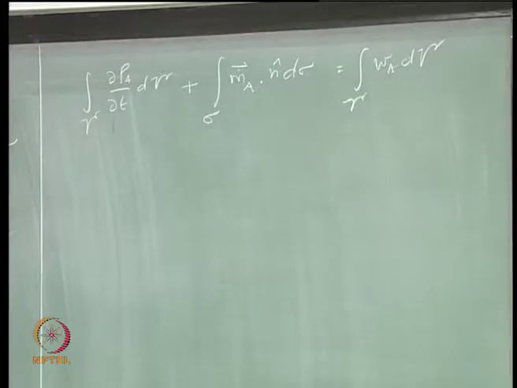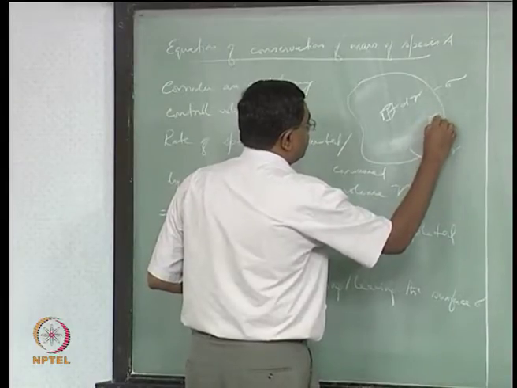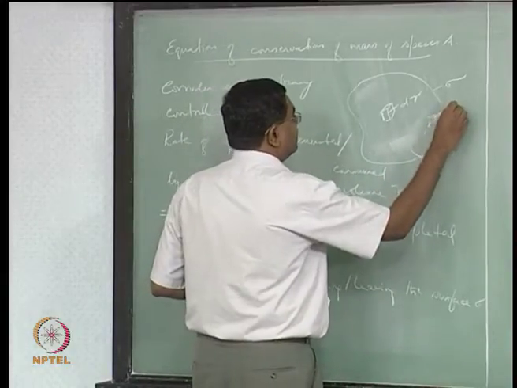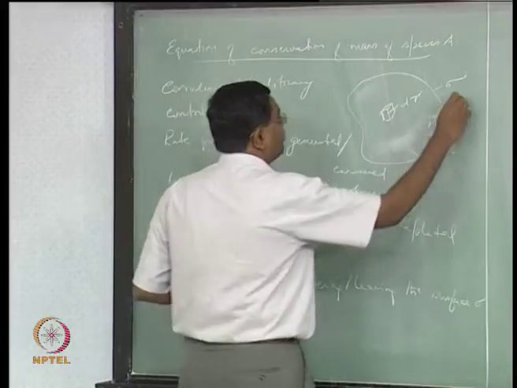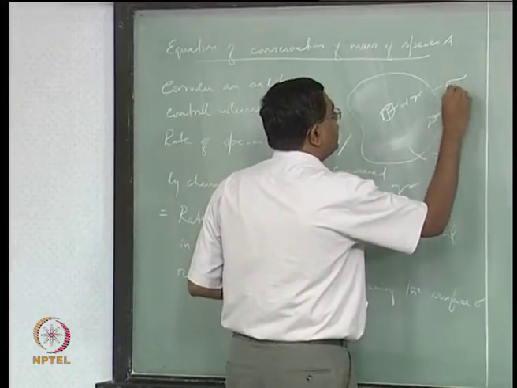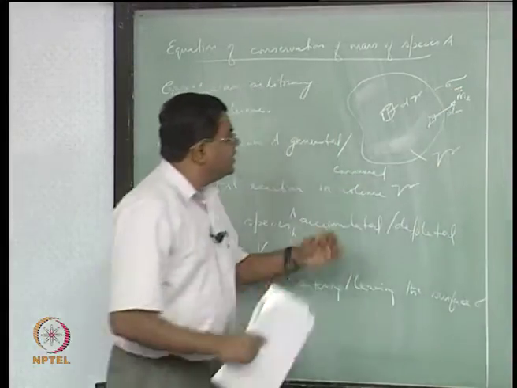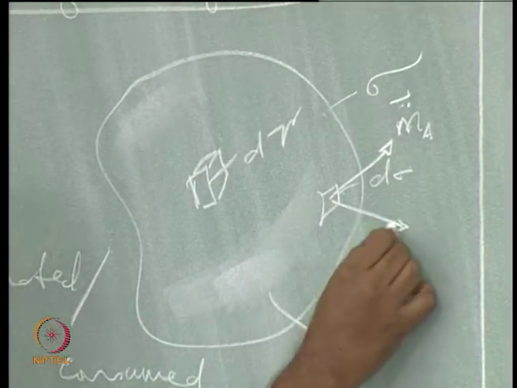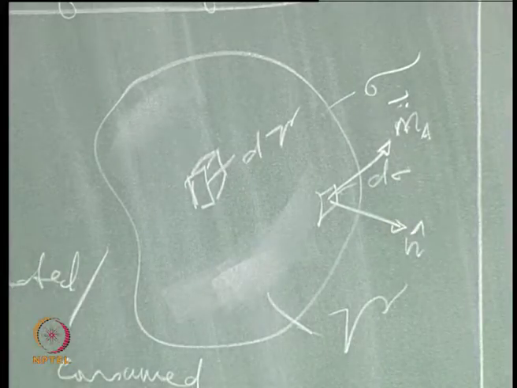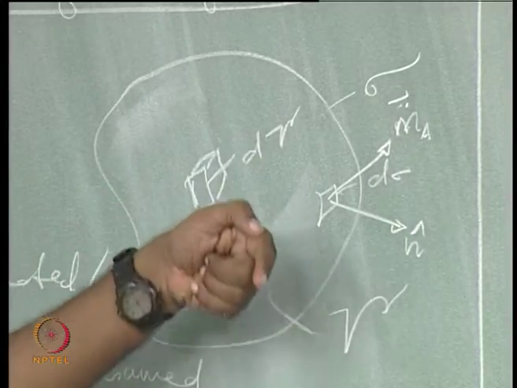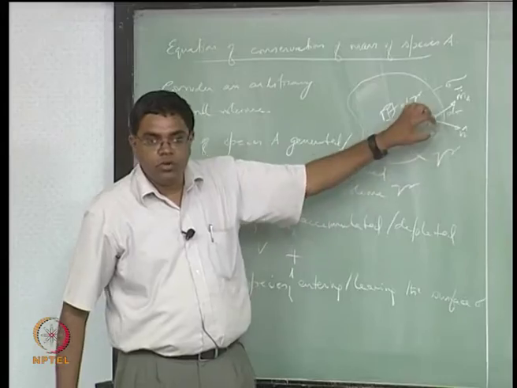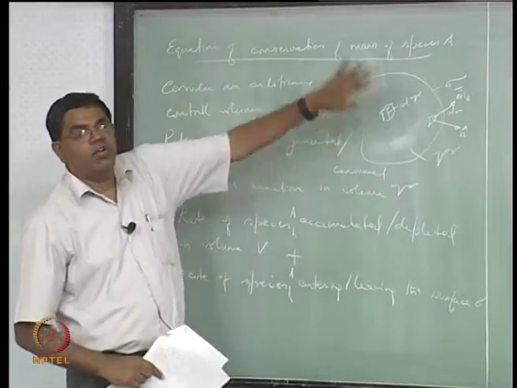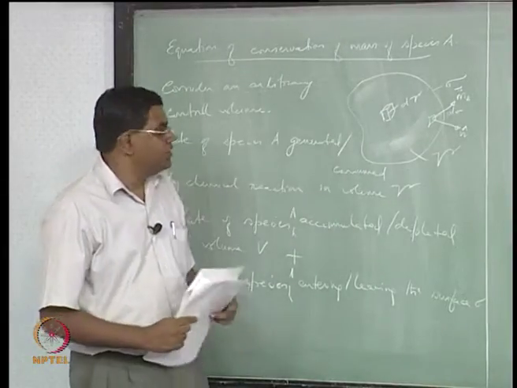If you were to look at a little window on the surface as a dσ, this has a vector mass flux ṁA that is cutting across at an angle to, let us say, your n hat, the unit normal locally to this elemental area dσ, which we want to integrate over to get the entire σ.